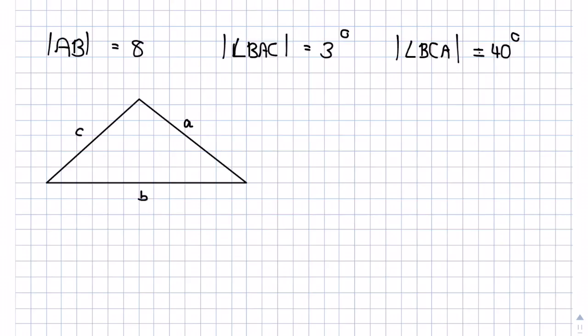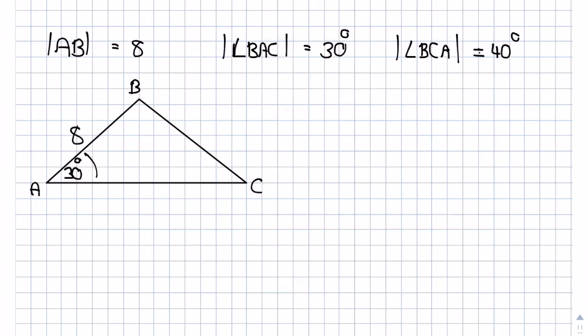So we have the triangle ABC. It goes A, B, C. So what I'll do, just to not confuse you, the length from A to B is 8. The angle that goes from B through A to C, that's this angle here. That should say 30 degrees, sorry, is 30 degrees.